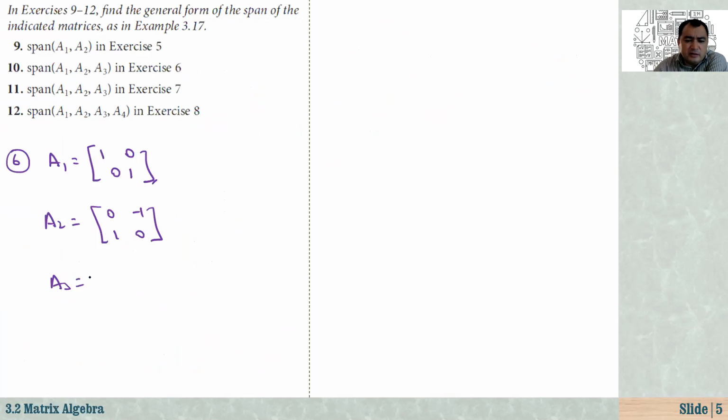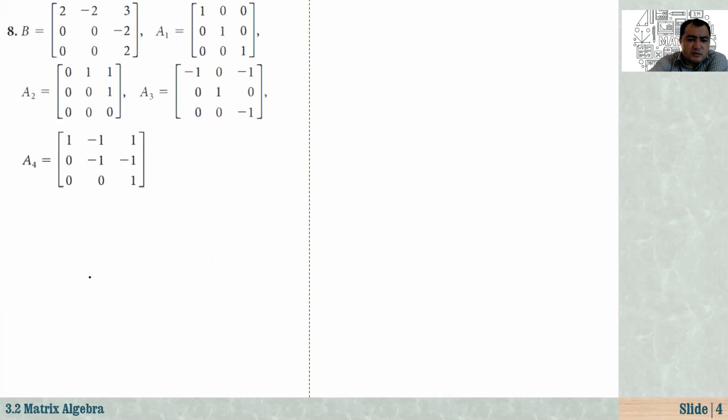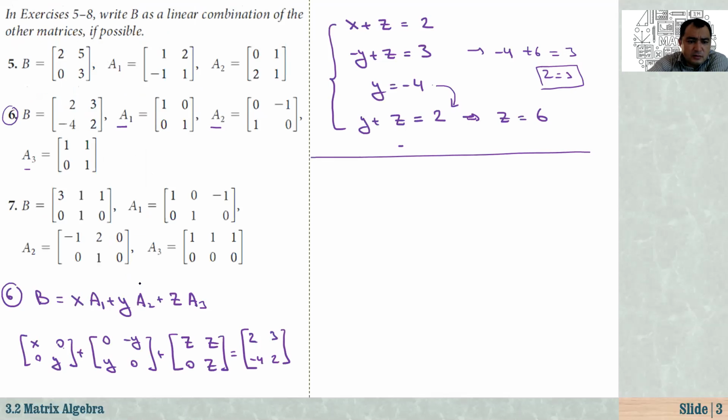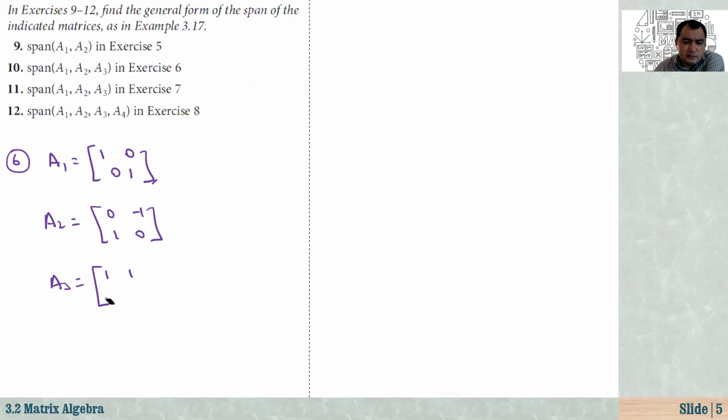And A3 is 1 1, 0 1. So you're talking about all the possible linear combinations of these matrices. What are these? They are a times capital A1 plus b times capital A2 plus c times capital A3.